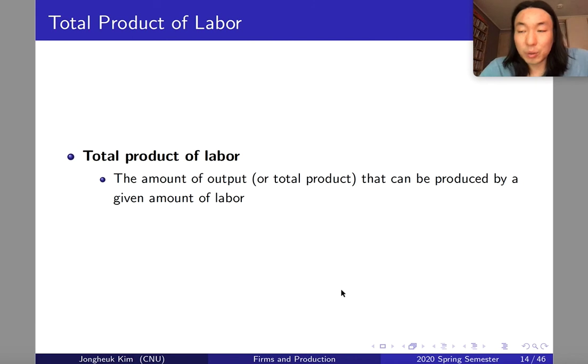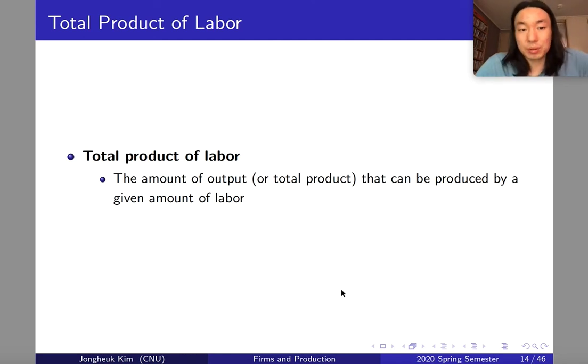So the total capital, or average capital, or the marginal capital is just fixed as a constant term. So we don't have to think about it anymore because it is just equal to a constant number. So now we just think about the labor and the total product.